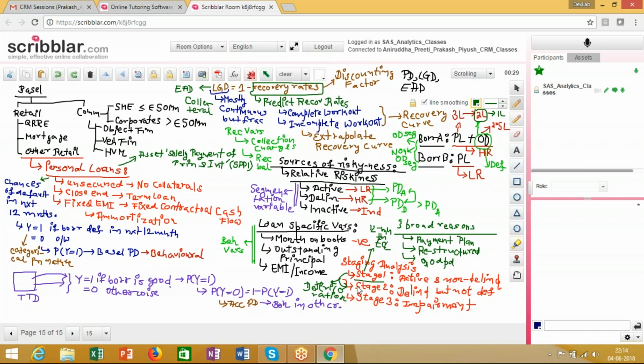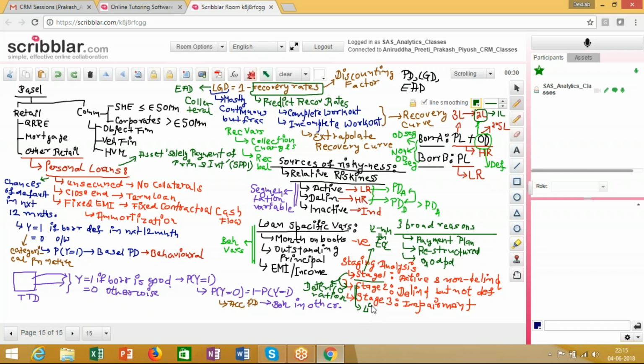Now for stage 2 and stage 3, where an account has gone through a significant credit deterioration and has moved from stage 1 to stage 2, you do not compute the next 12 months. What they suggest is that you should calculate the lifetime expected credit losses for these two stages.